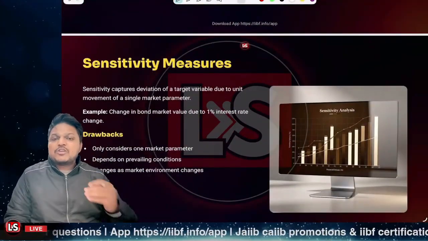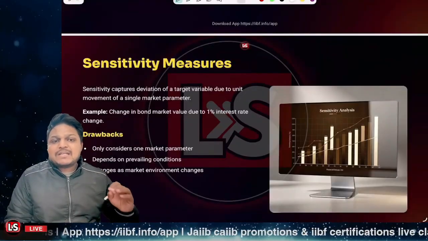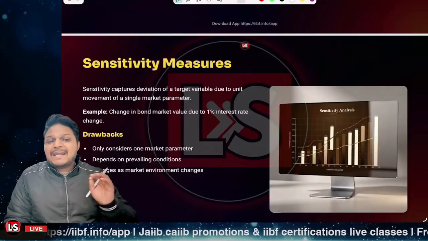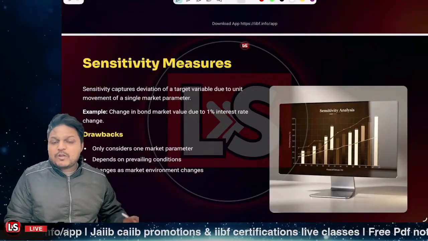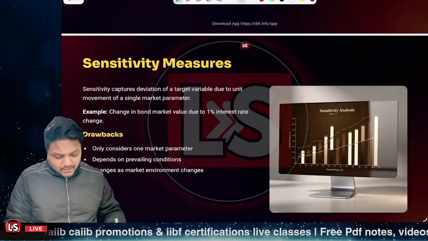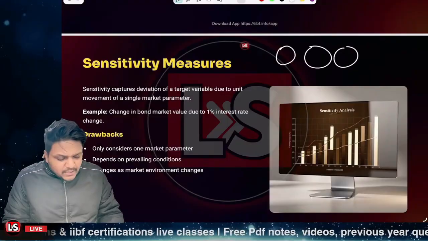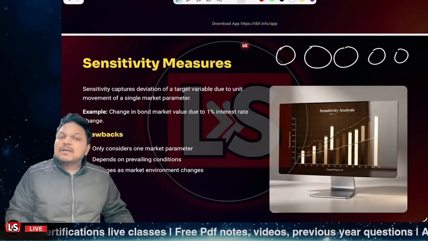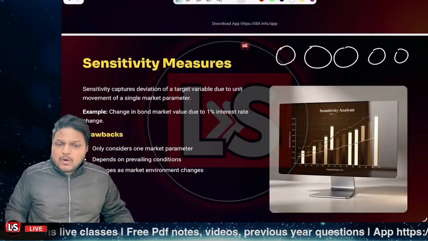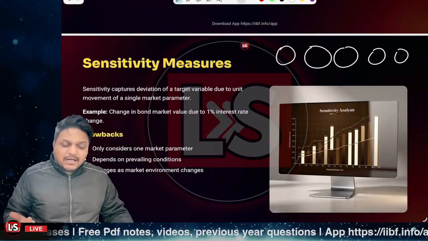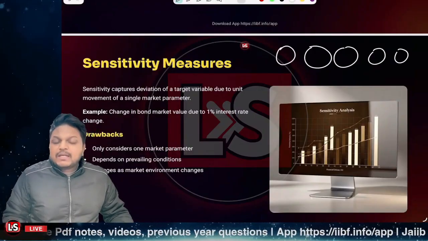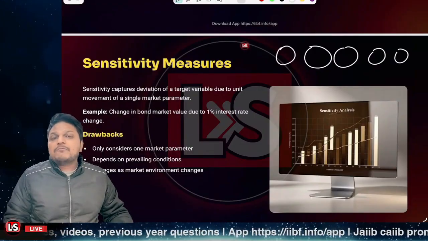So what does sensitivity actually do? Sensitivity captures the deviation of a target variable due to unit movement of a single market parameter. As I told you previously also, there are multiple parameters which affect the movement of a particular loan amount, or let's say the underlying exposure you have depends upon a number of parameters.